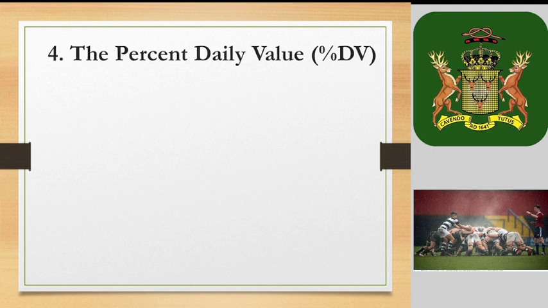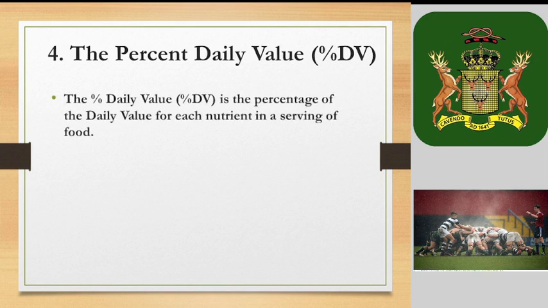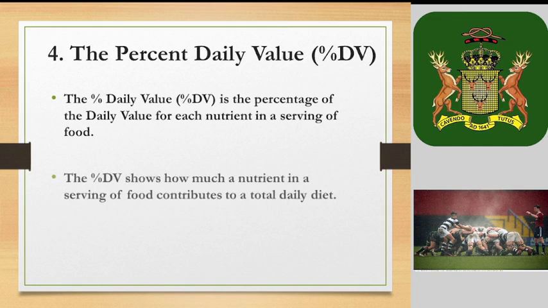The fourth piece of information that we can find in every label is the percent of daily value. The percent daily value is the percent of the daily value for each nutrient in a serving of a food.